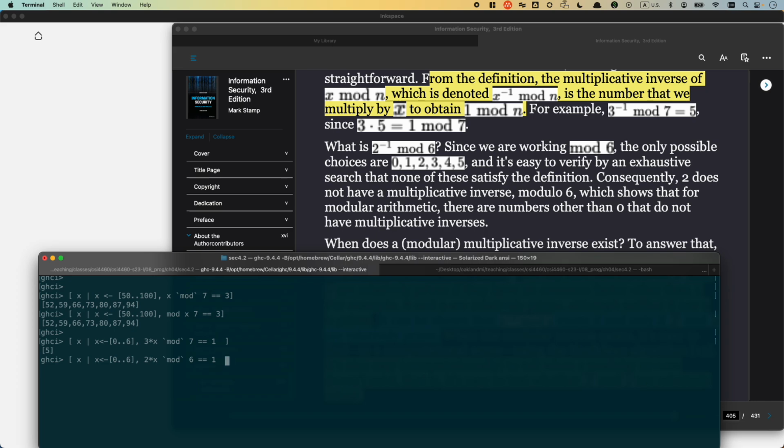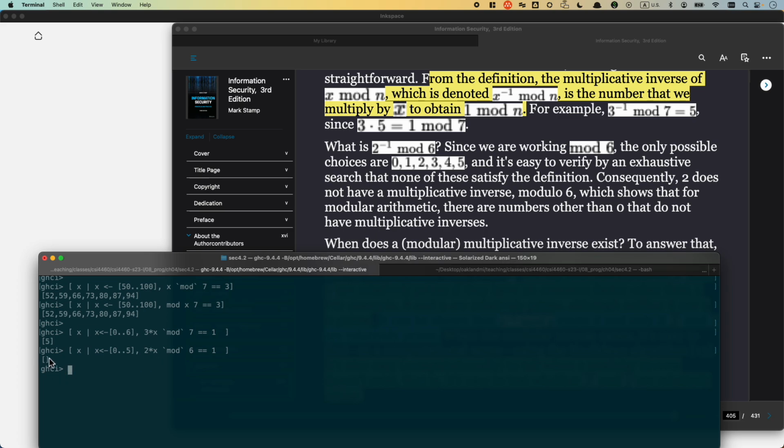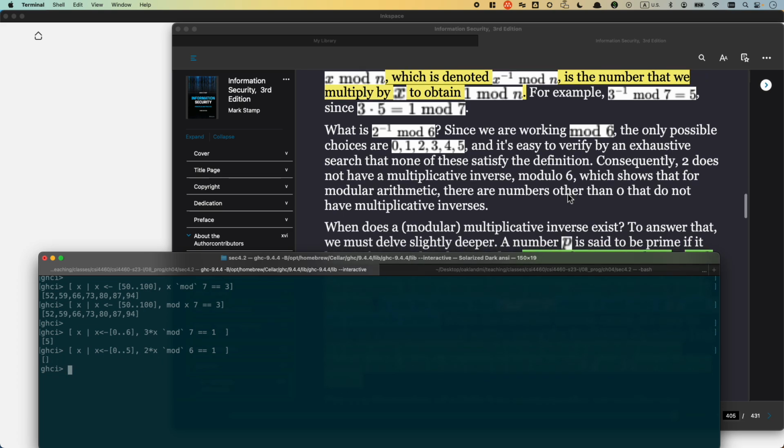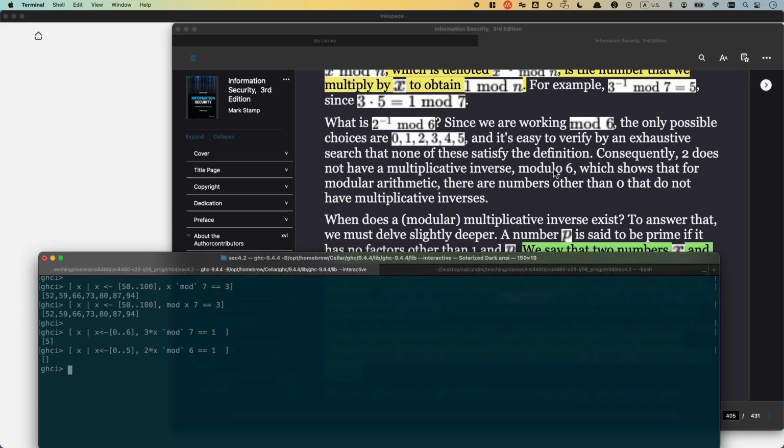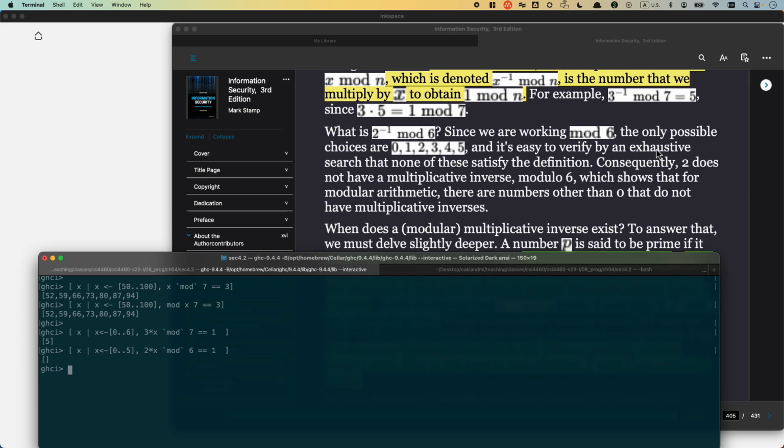So in that case, I need to reduce the clock or the span of the set. With that, we return an empty list because there's no such number. So here you can see that 2 does not have a multiplicative inverse modulo 6, which is precisely what Haskell is telling us.